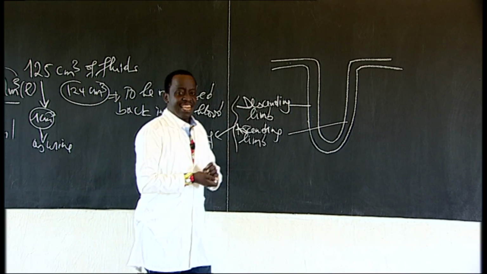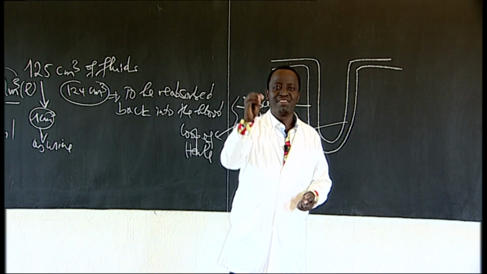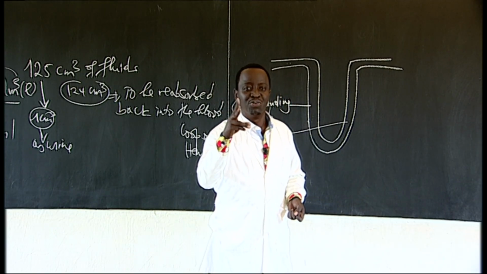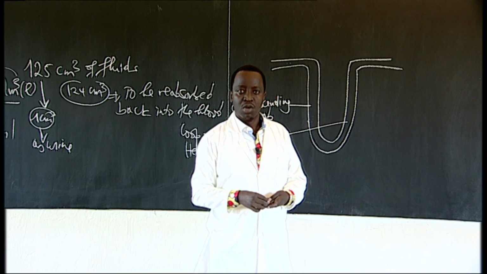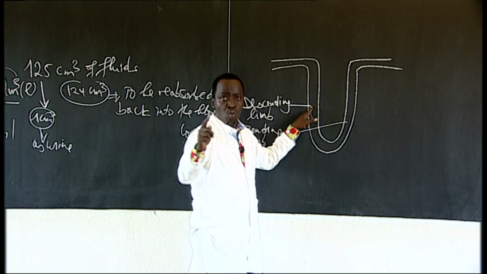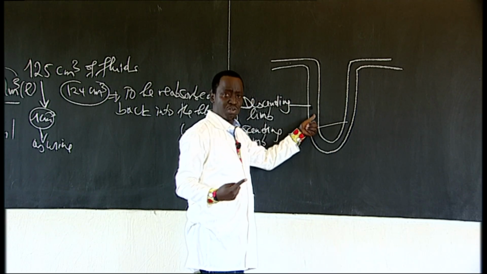Now, this descending limb is more permeable to water and less permeable to salts, which means it can allow water to get outside of what? Of this renal tubule.